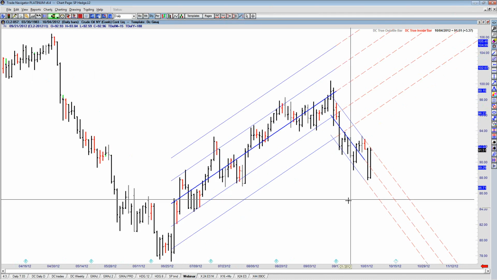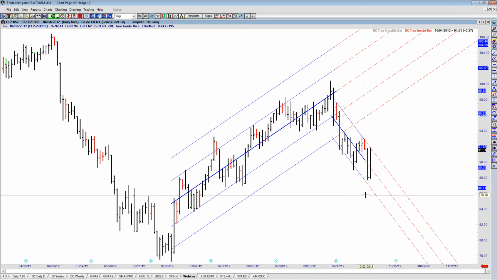You should have your inside bars showing in red and your outside bars in grey, as I have here. Incidentally, if you have Trade Navigator, or you're going to have a trial of it, ask Terry to authorize, enable the Danielcode studies, and it will set up your charts exactly the way mine are. So this signal was posted to sell oil on Tuesday, which was this day here.